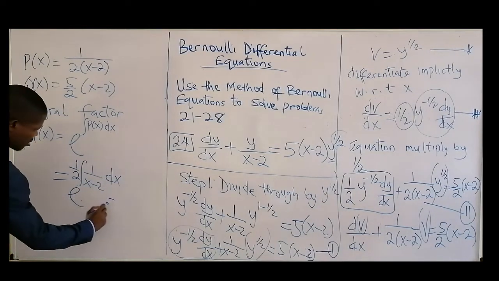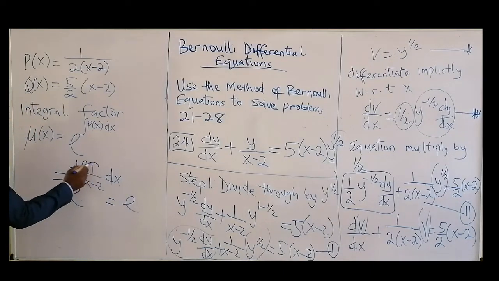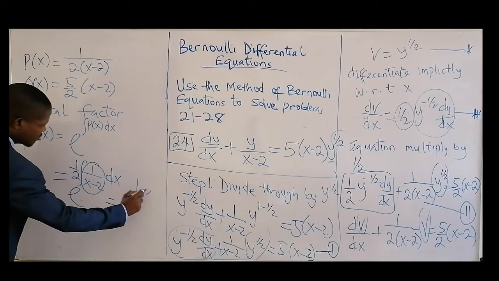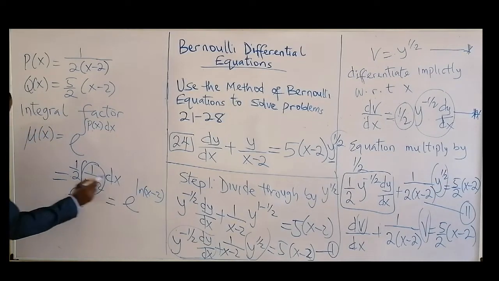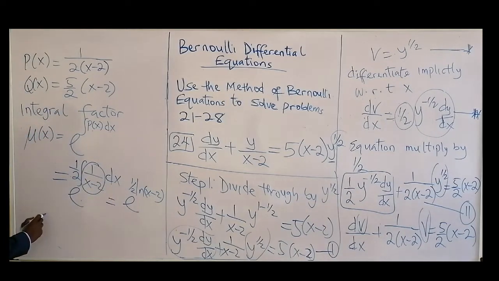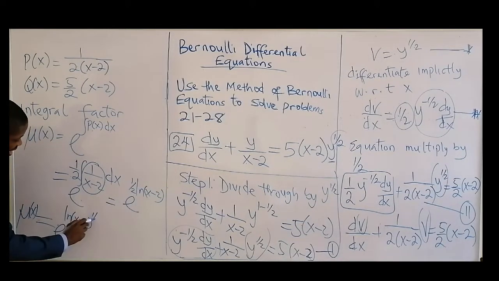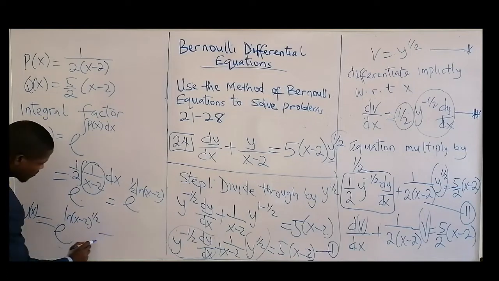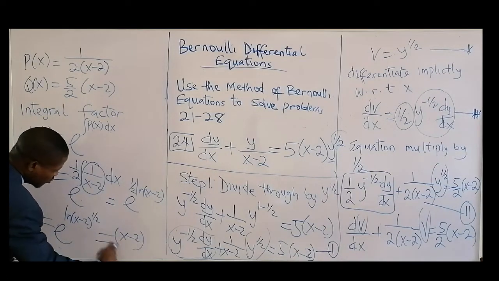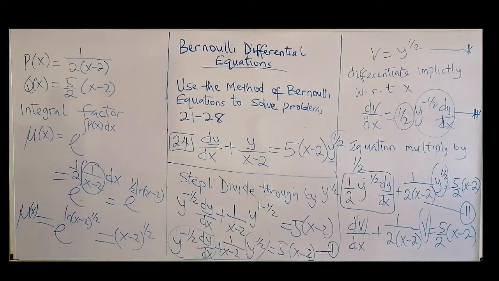The exponential of the integral of this will be ln(x minus 2), with the half here. So my integrating factor as a function of x will become e to the ln(x minus 2), and this half can come to the front, going to power half. This will give me x minus 2 to the power half. Okay, so that's the integrating factor.